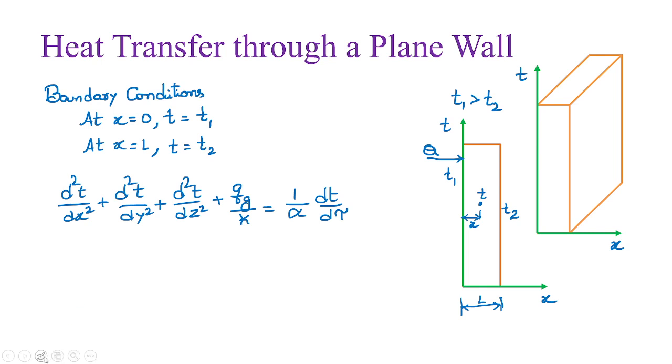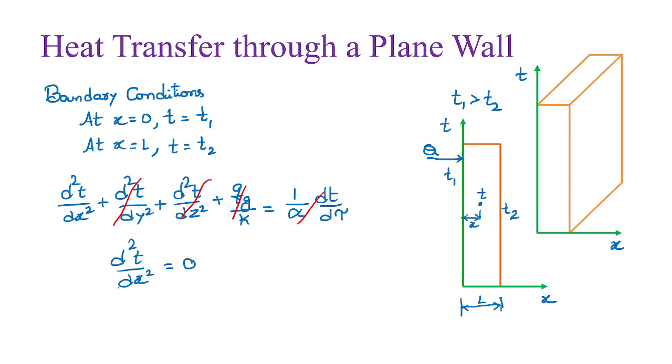Now this equation is the general heat conduction equation in Cartesian coordinate system. As we are considering one dimensional condition, we need to eliminate these other terms. So as we have considered one dimensional steady state heat conduction without any internal heat generation, we have eliminated all these parts, and finally the equation reduces to d square T by dx square is equal to 0.